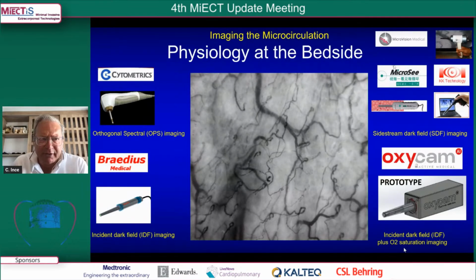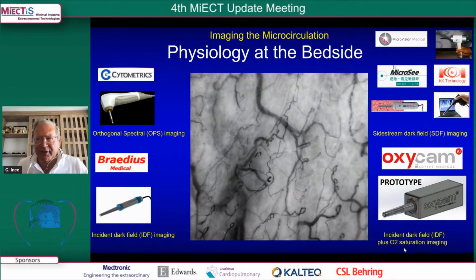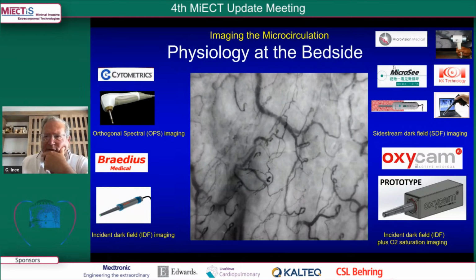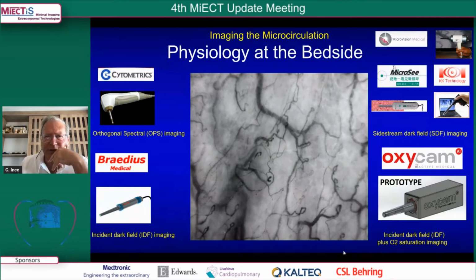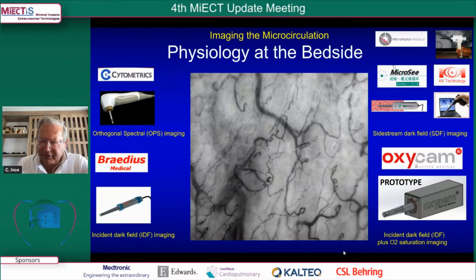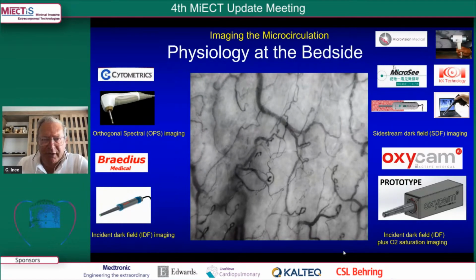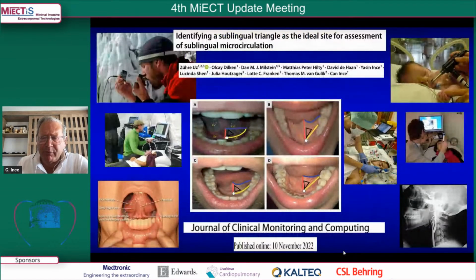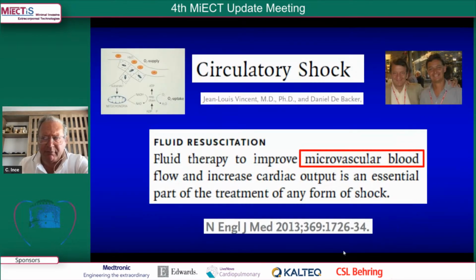So looking at the microcirculation with these handheld video microscopes, and here at the bottom is the latest version, you can see in great detail at a cellular level what's going on during the various procedures. The most accessible area is underneath the tongue, in the so-called sublingual triangle, and to date more than 600 papers have been produced using this technique, mostly in critical care medicine and perioperative medicine.